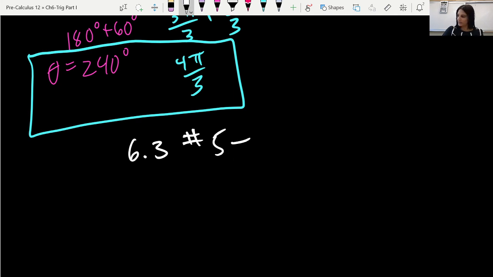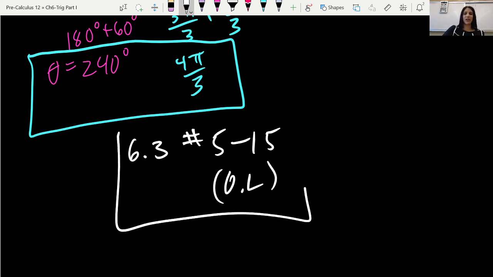So 5 to 15, just do the odd letters for the ones that have odd letters. For the ones that are word problems, you can just do the whole thing.